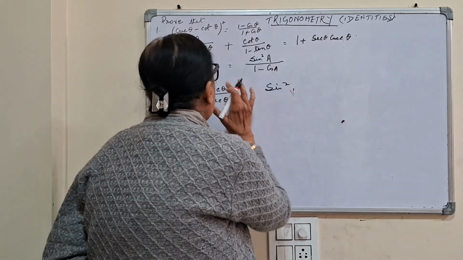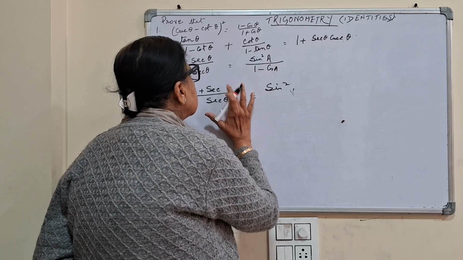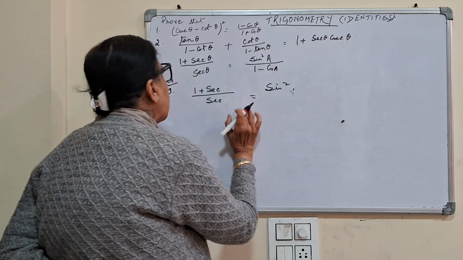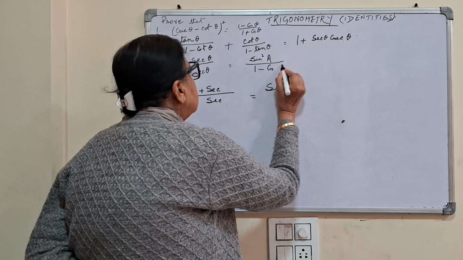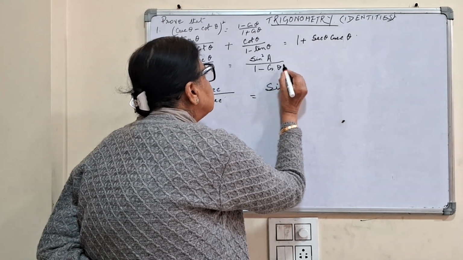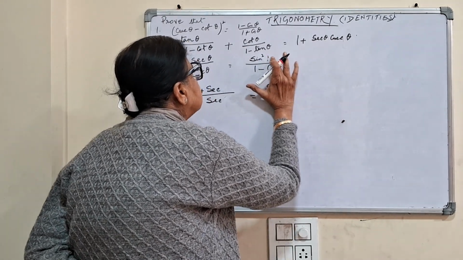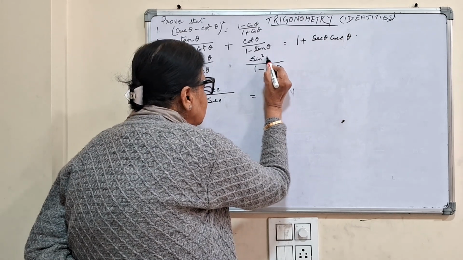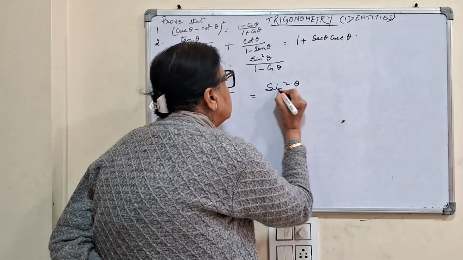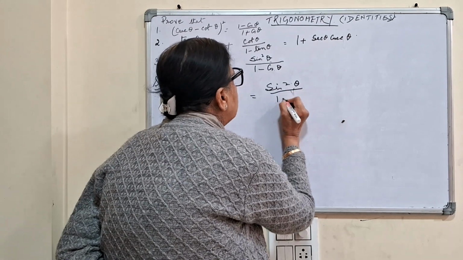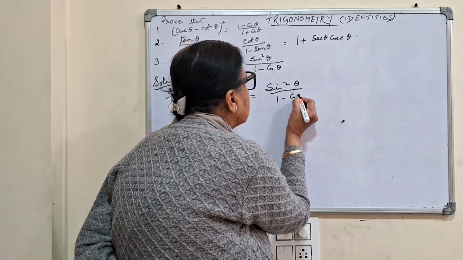Now this is A. Sorry, instead of theta the angle is given as A. It will be either A or theta. Let us take it as theta. This is a mistake on my part, copying the sum.